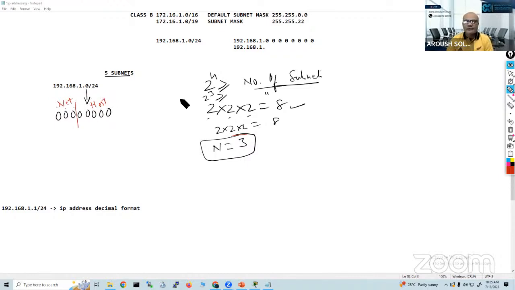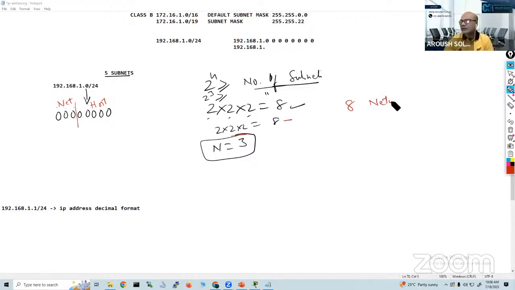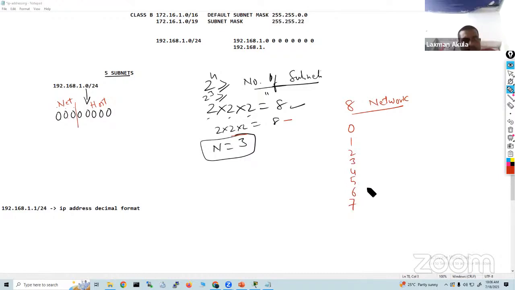Understood? Yes, sir. Now we can see, 2 to the power of 3 equals 8, which means 8 networks.